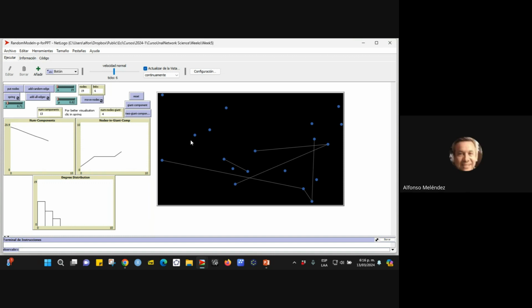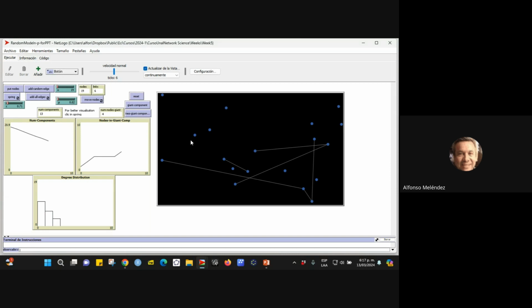What is interesting is that with these 19 nodes, you could generate thousands of different networks, but they share common properties. All those networks generated share some properties.